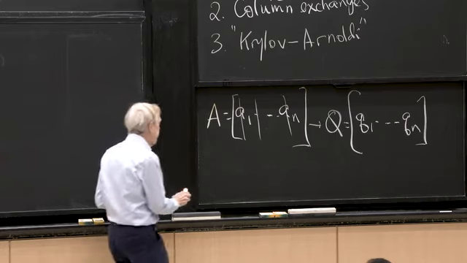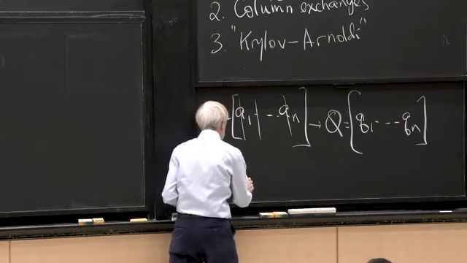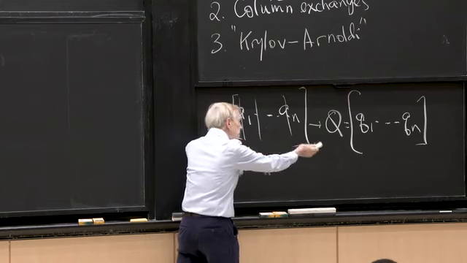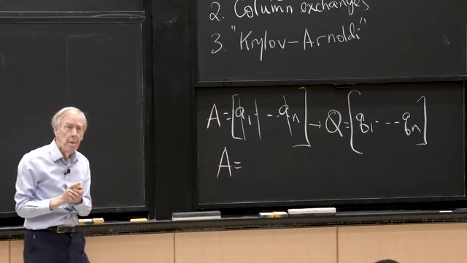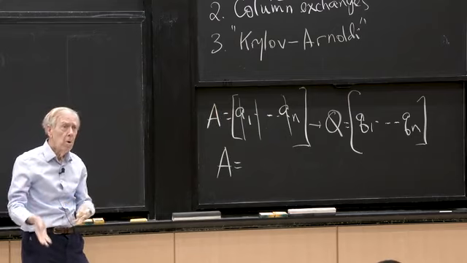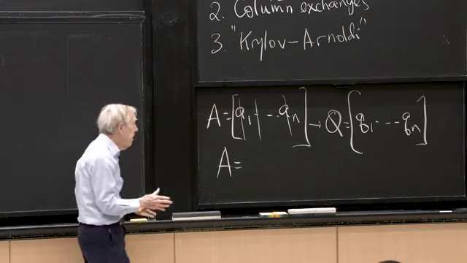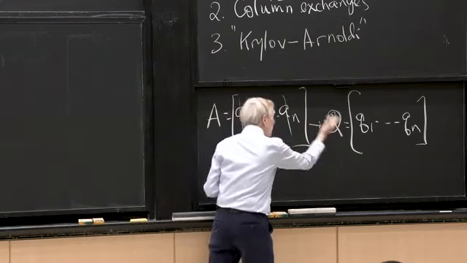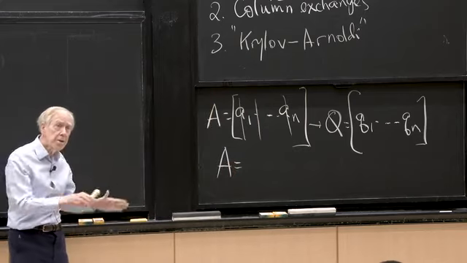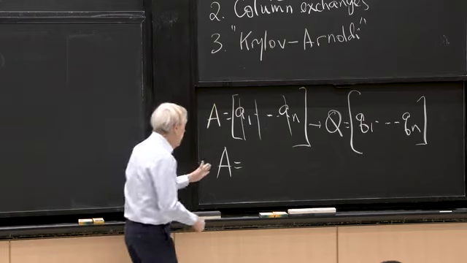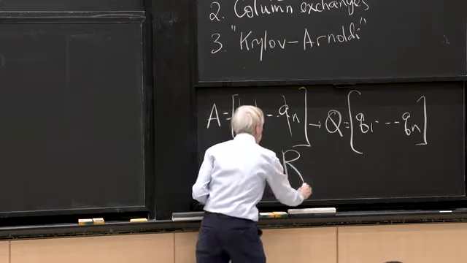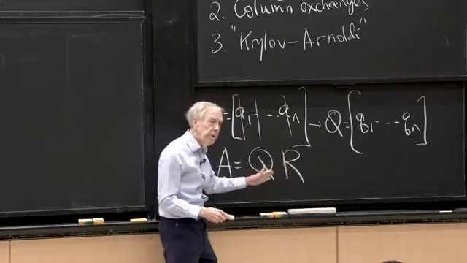What is this mysterious R? I claim that the Qs are combinations of the A's. So there's some matrix to tell me what those combinations are. Or if I go backwards and say the A's are combinations of the Q's, that's what I'm about to do. If each A is a combination of Q's, that means my A matrix is my Q matrix times some R matrix, which tells me the combinations.